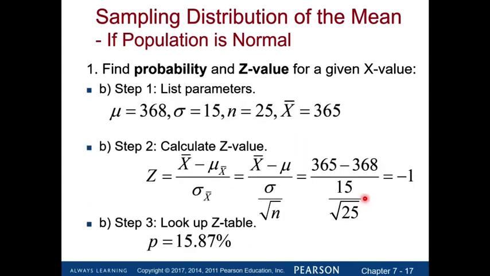In question B, sigma, the population standard deviation, has to be divided by the square root of 25, simply because the standard error of the sampling mean is equal to the population standard deviation divided by the square root of the sample size.